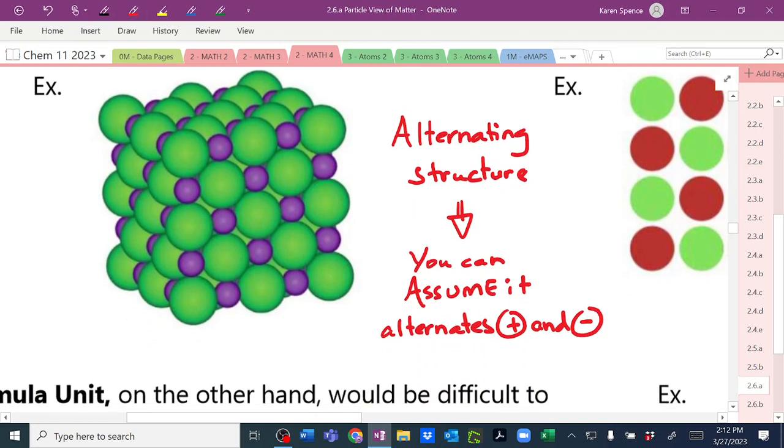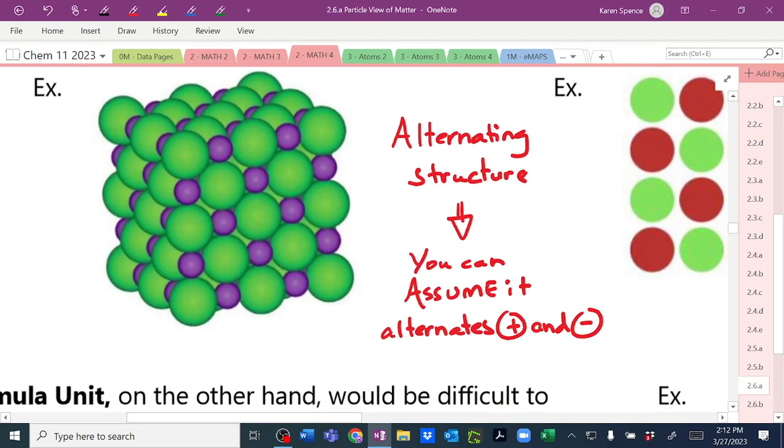And if you assume it alternates positive and negative, then what type of substance is this structure here? What would we call this structure?